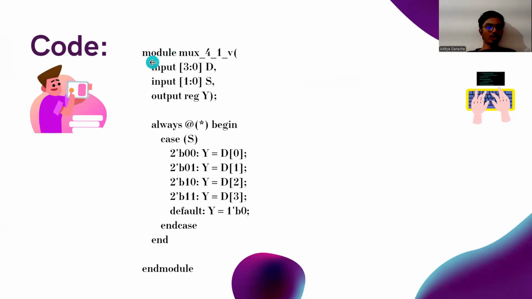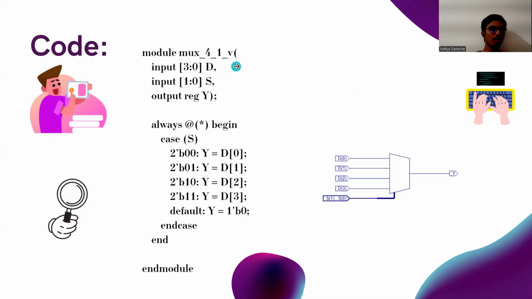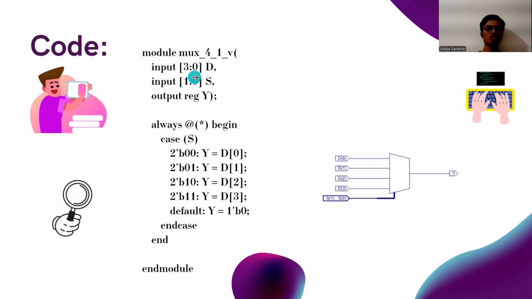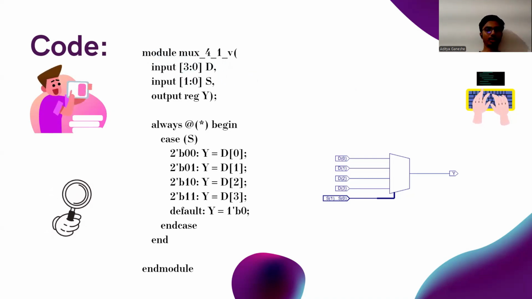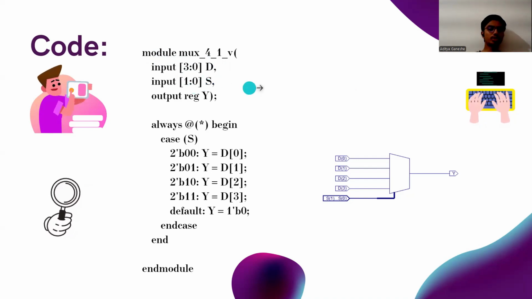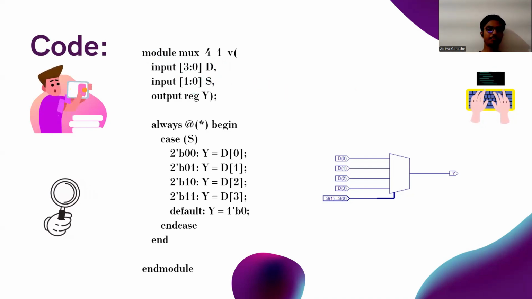Then the name of the module, which is mux_4_1_v. Then the ports are defined: [3:0], which tells us that it is a 4-bit input vector D, which can take the value from D0 to D3.